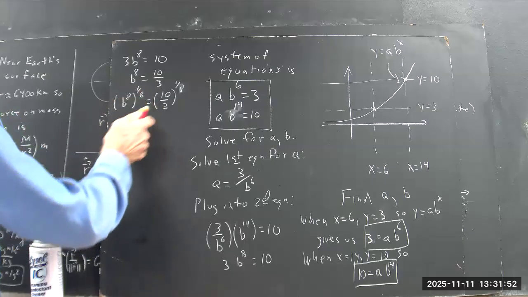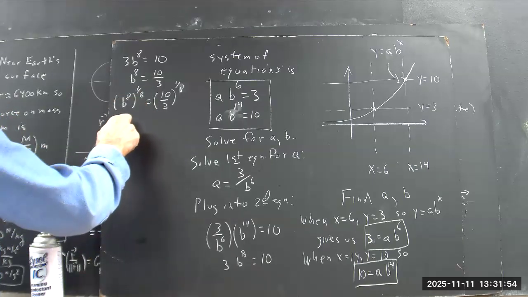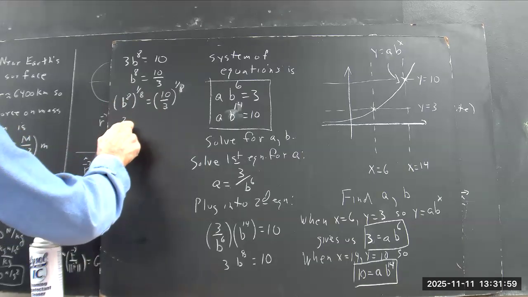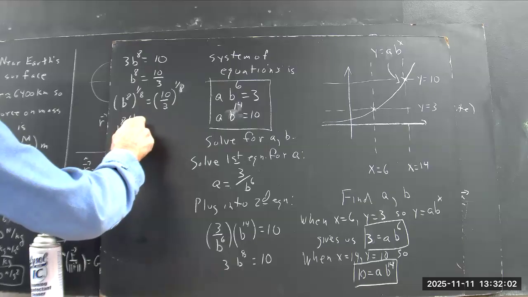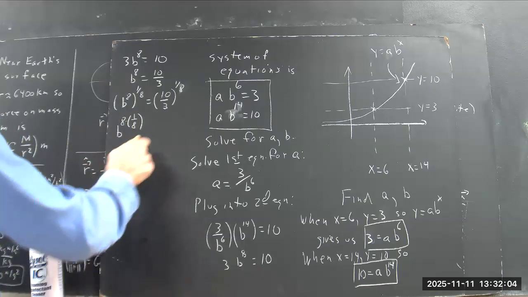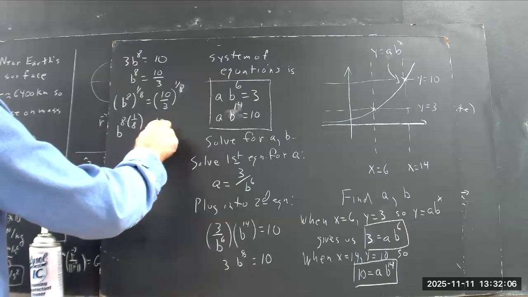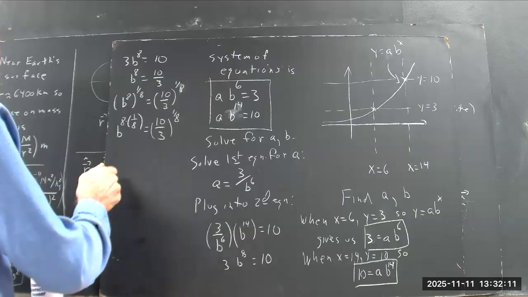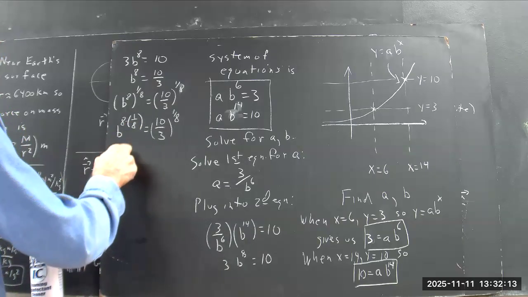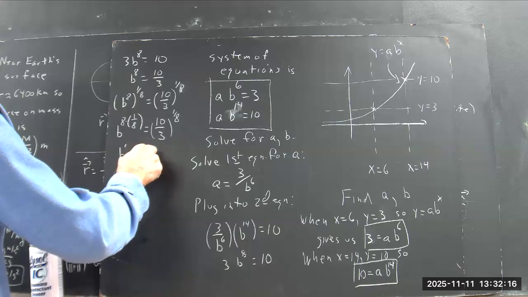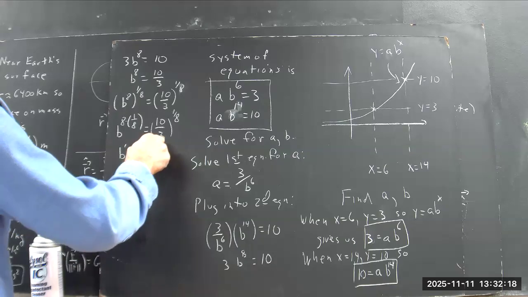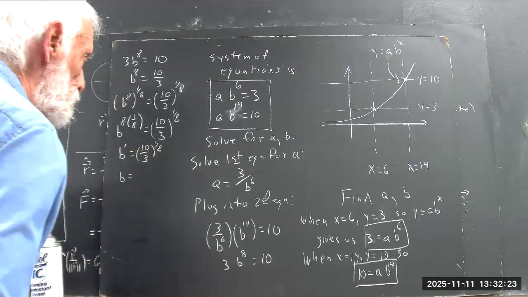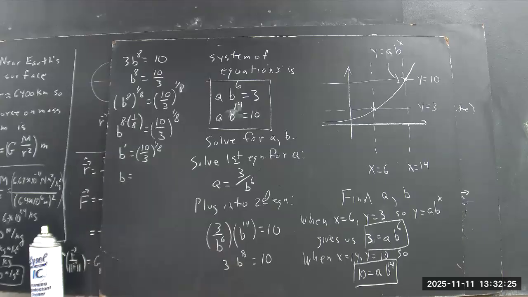B to the 8th to the 1/8, and I will write out the step here, means you're doing a power of a power, so you're going to multiply the powers. You're going to multiply 8 by 1/8. That's 10/3 to the 1/8. 8 times 1/8 is 1. B to the 1 equals 10/3 to the 1/8. Of course, b to the 1 is just b.